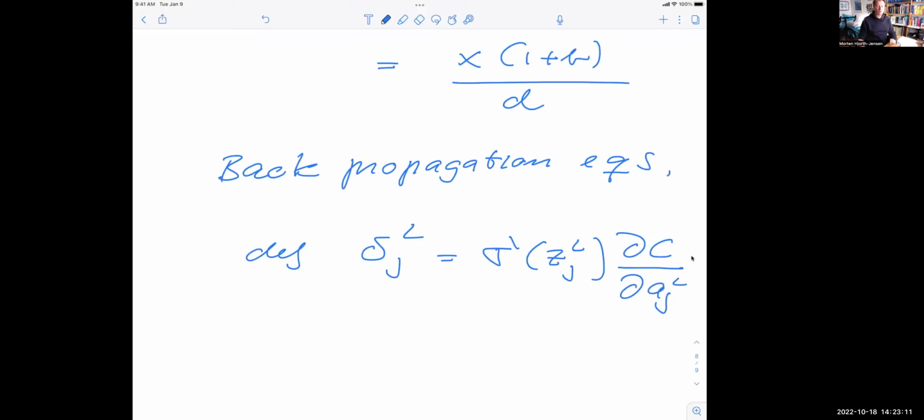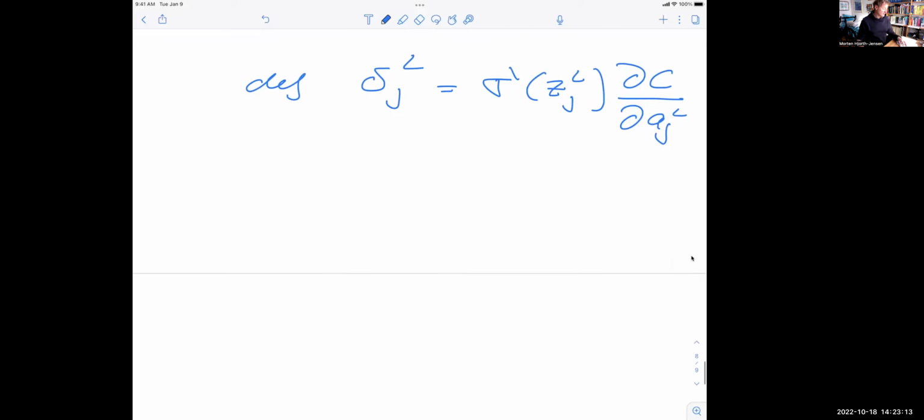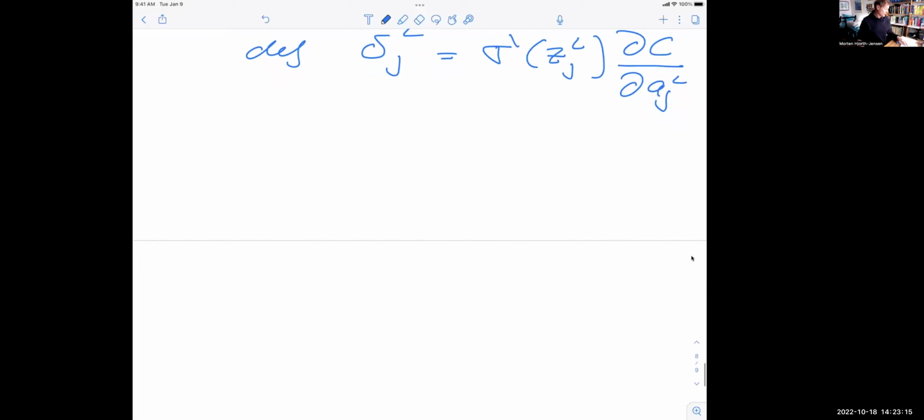So with this intermediate quantity, we could then define further quantities. We could find the derivatives of the cost function with respect to the weights, and now we are putting the subscripts. So we would have weights jk in the final layer.